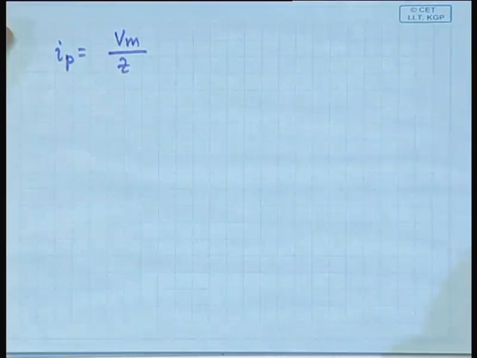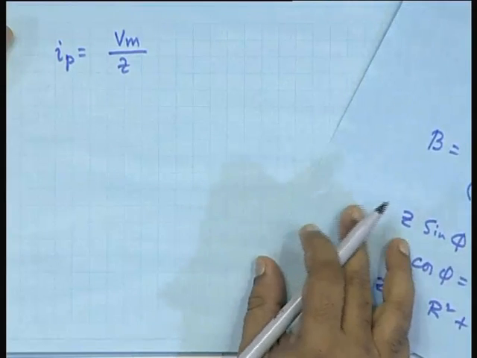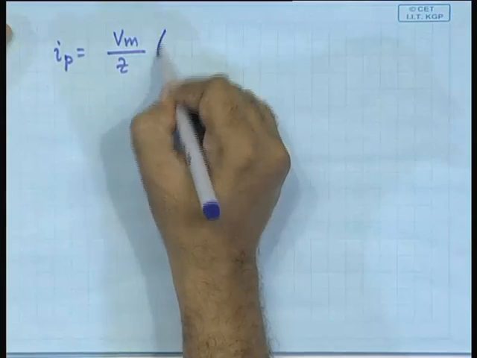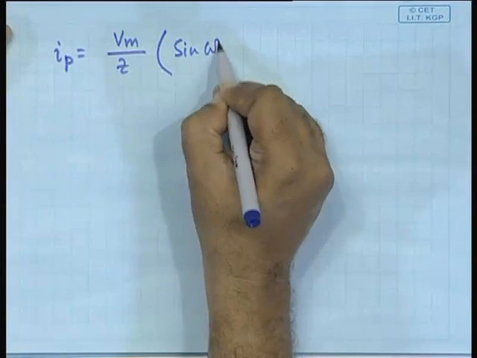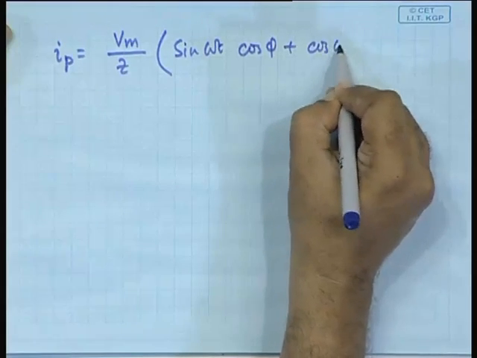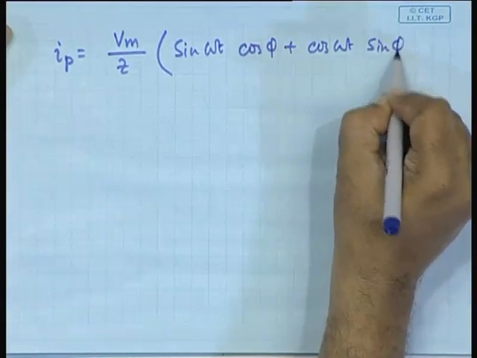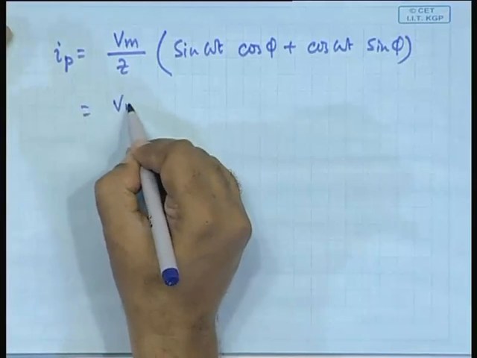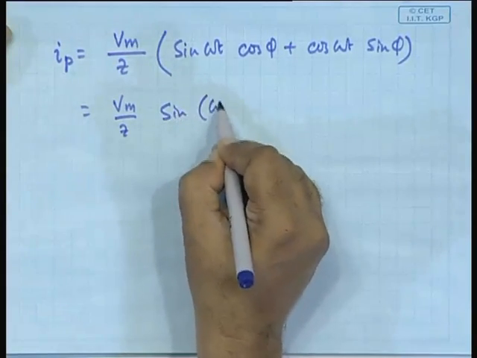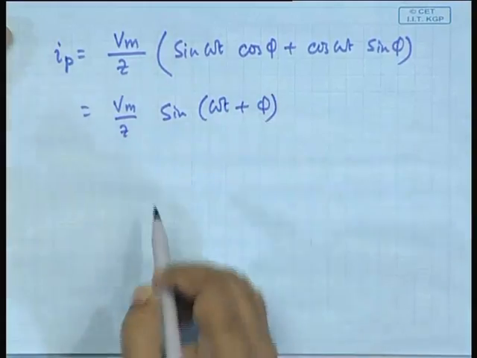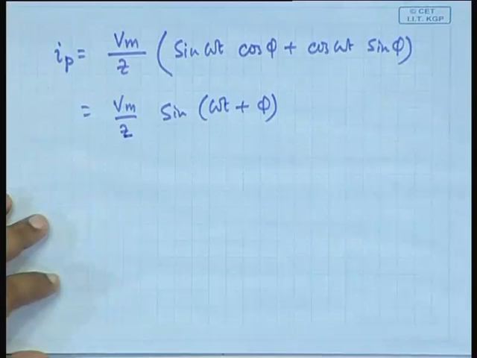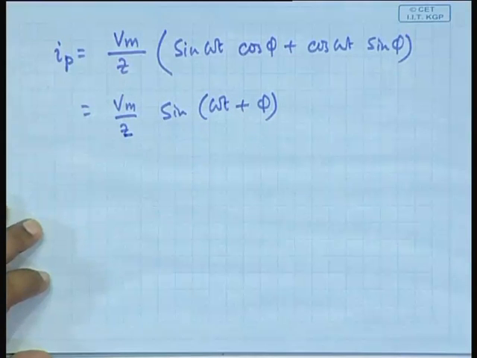Then we will write it is sin omega t cos phi plus cos omega t sin phi is equal to V m by z. You have sin omega t plus phi. Phi is now obtainable from here.